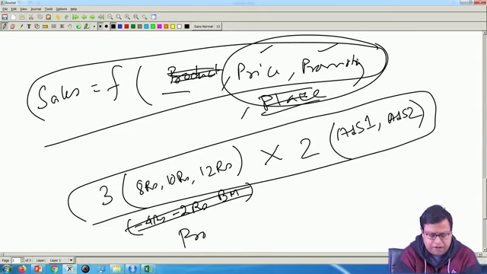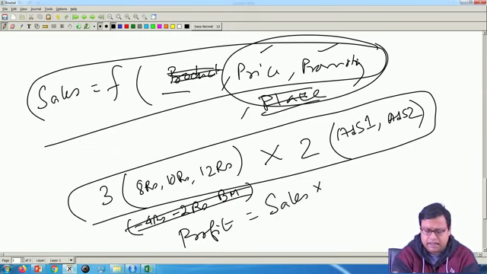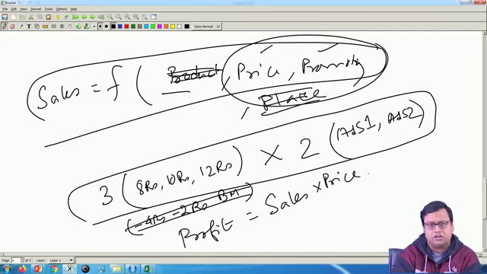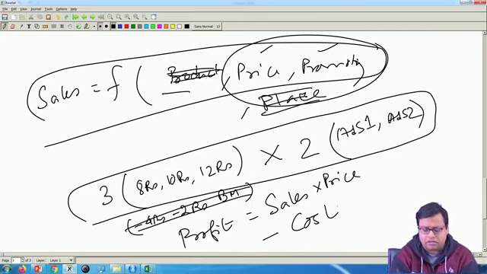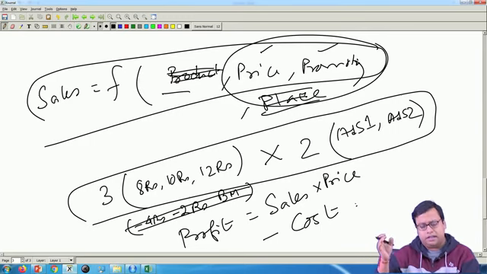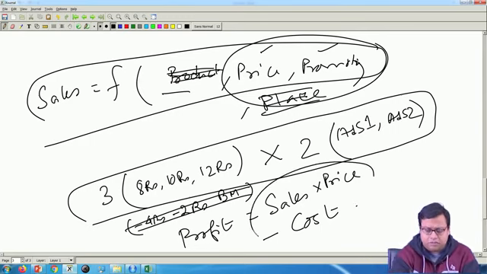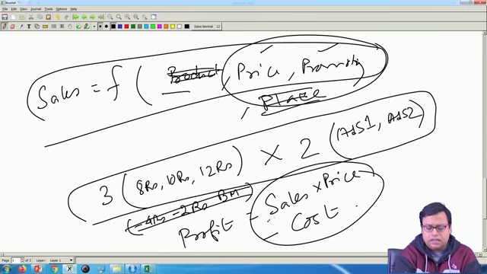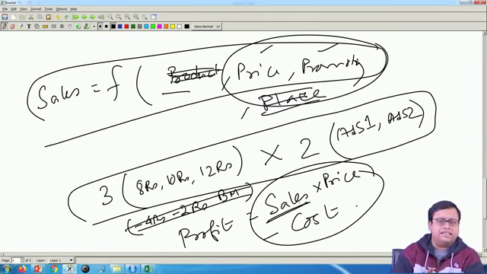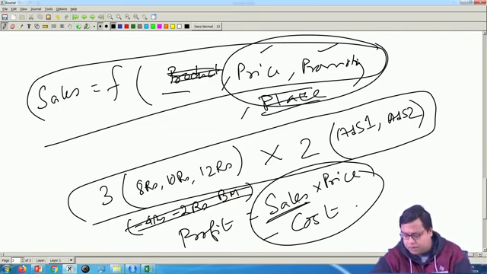So, profit is unit sales into your price minus all the costs that are involved here. This is something that we have to optimize. All of these things are there in this particular problem.